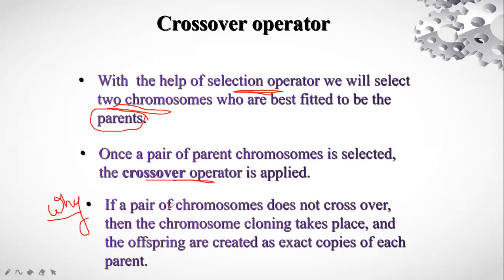They will not be any different from the parents. So there will be no use in creating a new generation. They will be the same as the parents, right? That is why we need to apply the crossover operator.